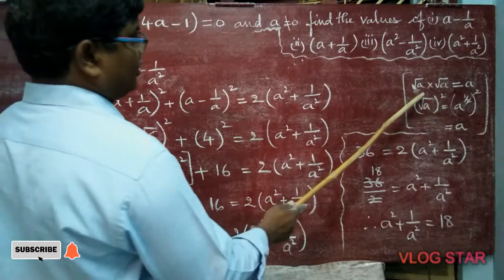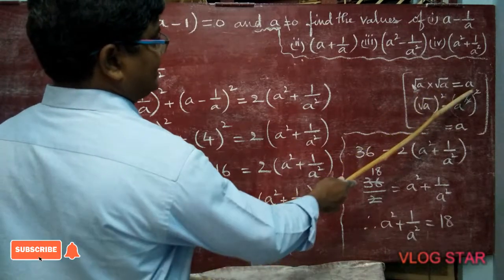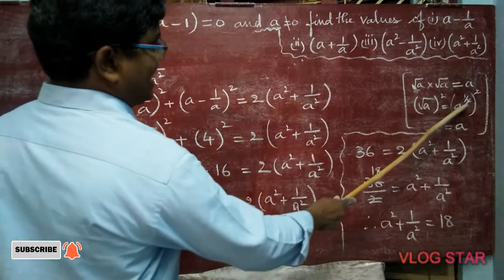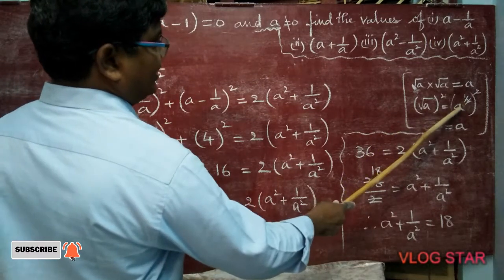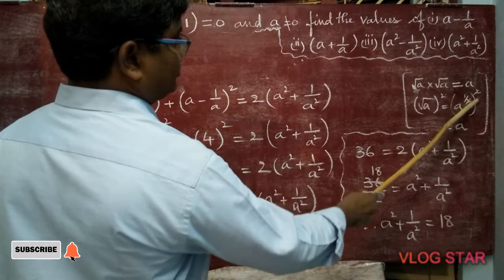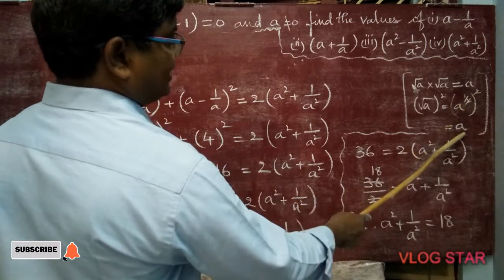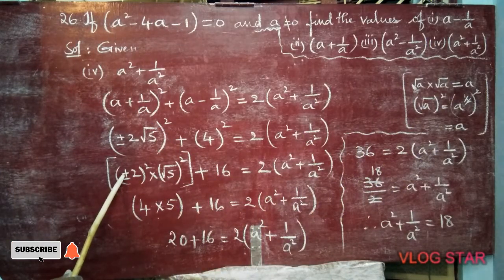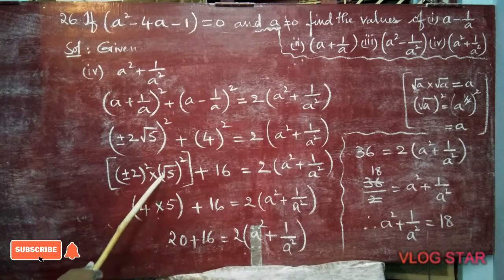Coming to here, root a into root a is a, or another form is we can write the square root as half: a to the power of half, whole square. So the numerator 2 and denominator 2 get cancelled and we get a as the answer. In the same way, plus into plus is plus, minus into minus is also plus; 2 twos are 4. So now just explain root 5 into root 5.